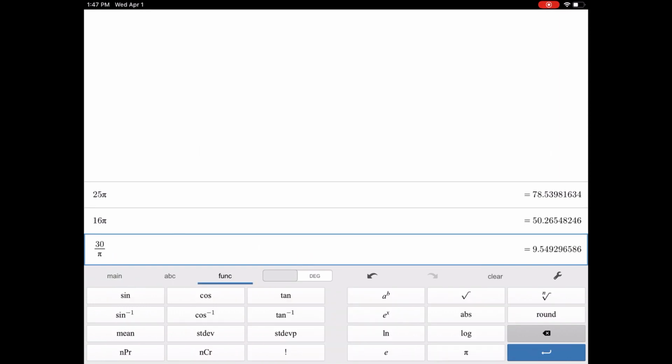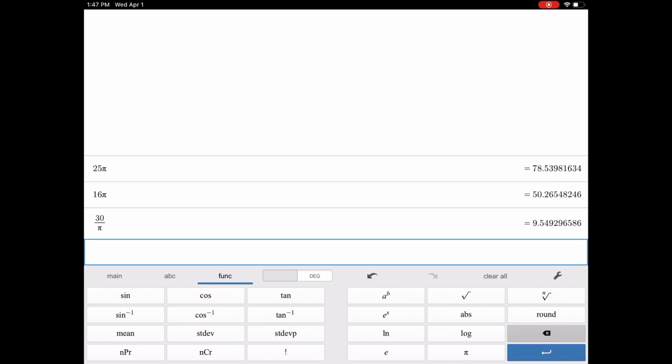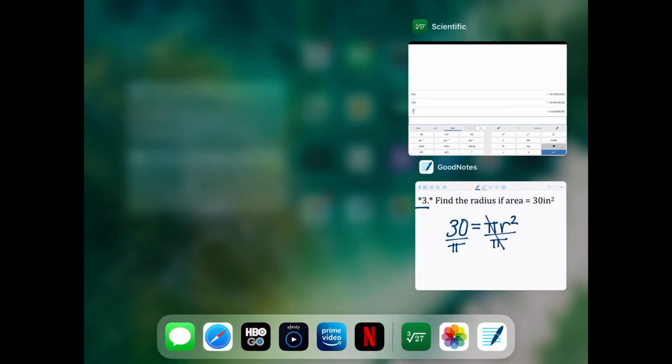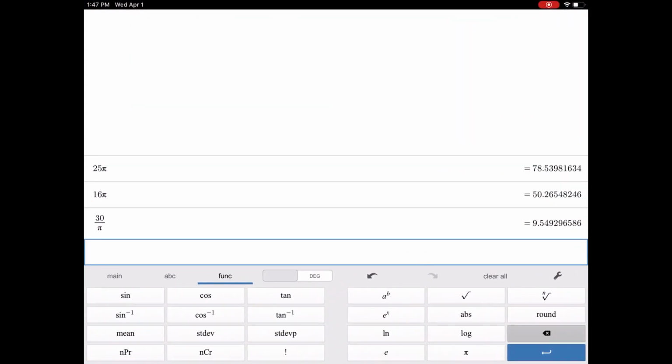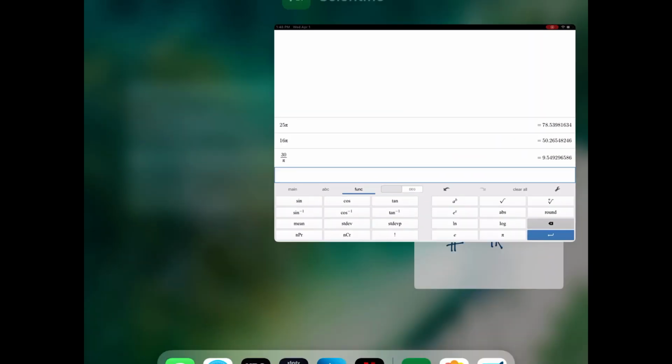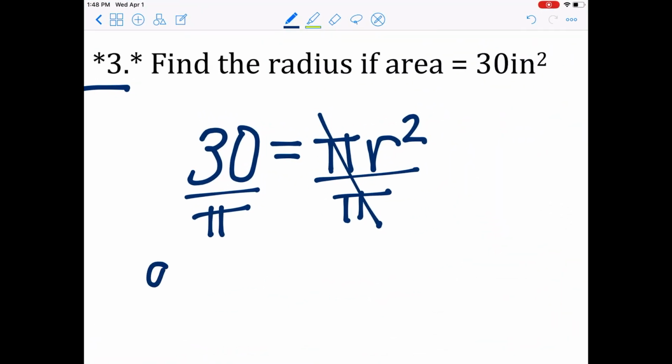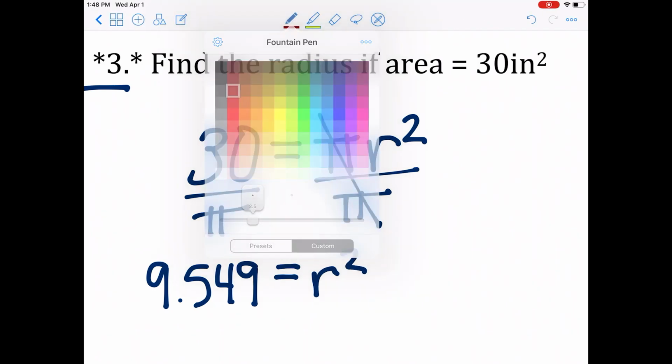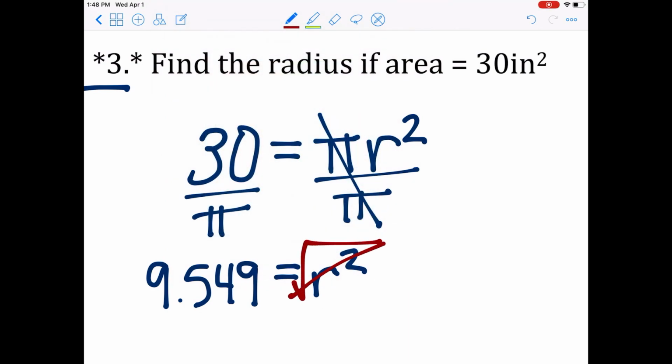So 30 divided by pi is 9.55. Or let's keep it as 9.549. And that's equal to r squared. Okay? And now we all know to undo a square, you square root it.